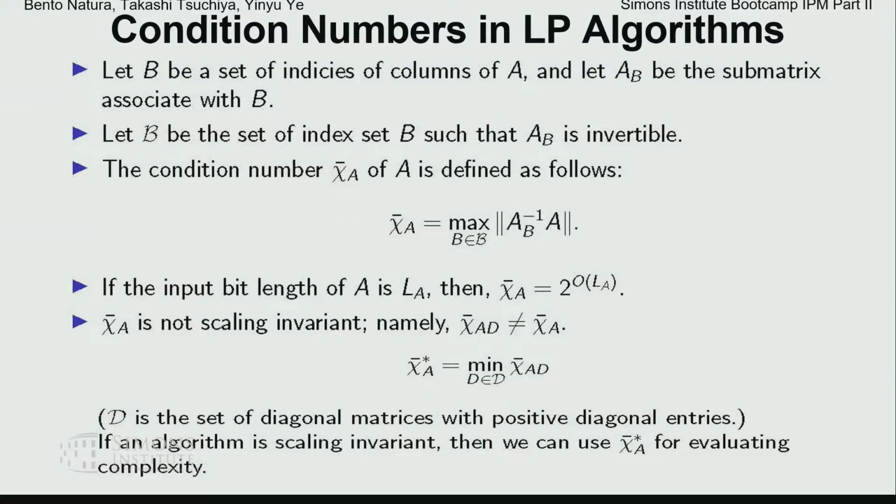However, we have to take the maximum over all possible bases. As you can see, this is not scale invariant: if you scale this matrix, the value is not equal to kappa bar A. To make it scale invariant, you take all positive diagonal matrices and find the infimum.